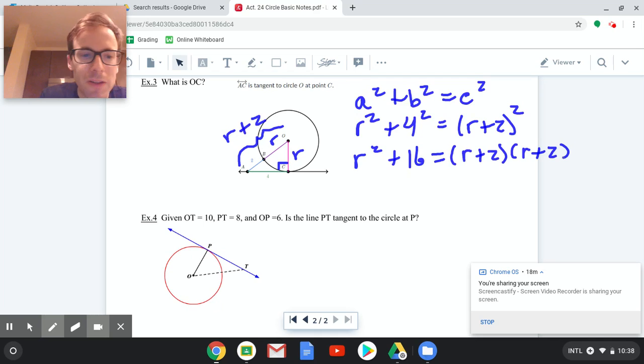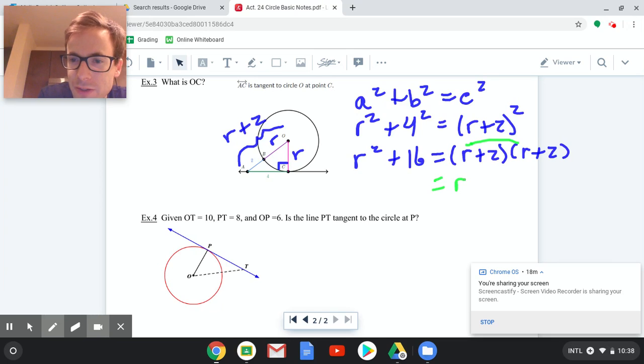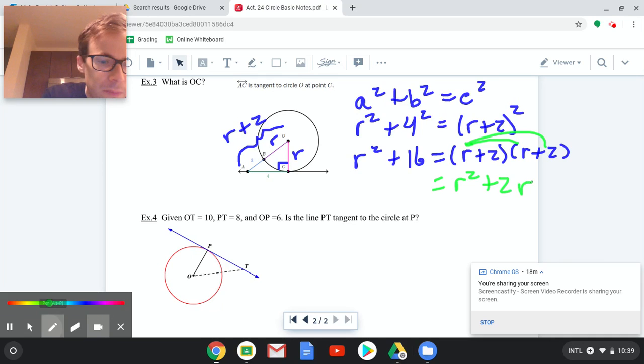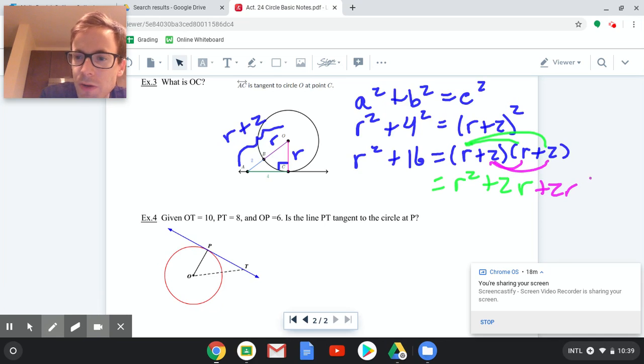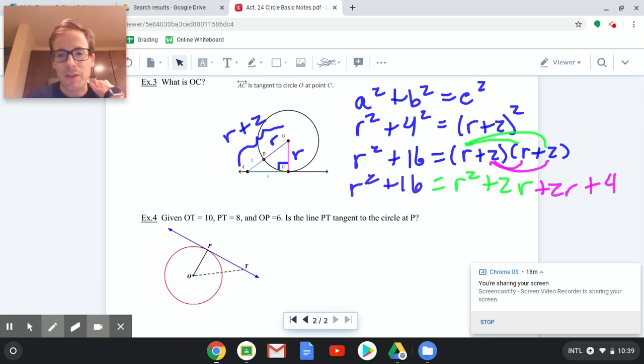Then we have to double distribute the right side of that equation, or FOIL it, as some teachers say. So r times r is r squared. r times 2 is 2r. And then another 2r. And then 2 times 2 is 4. Then the left side we still have as r squared plus 16. Then we want to combine like terms.